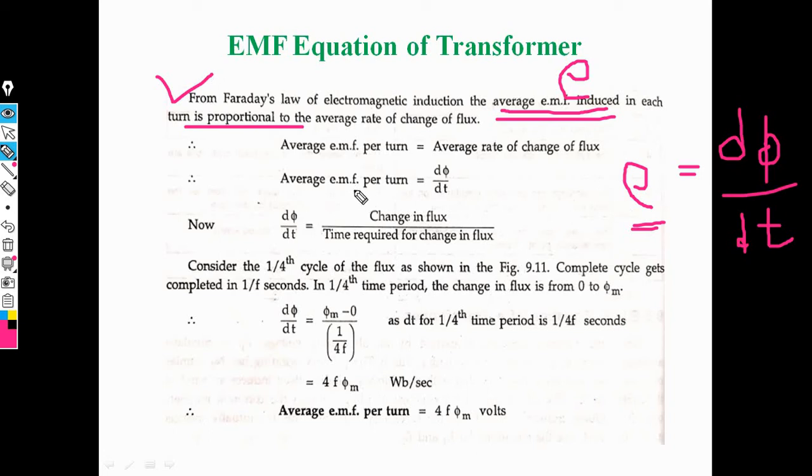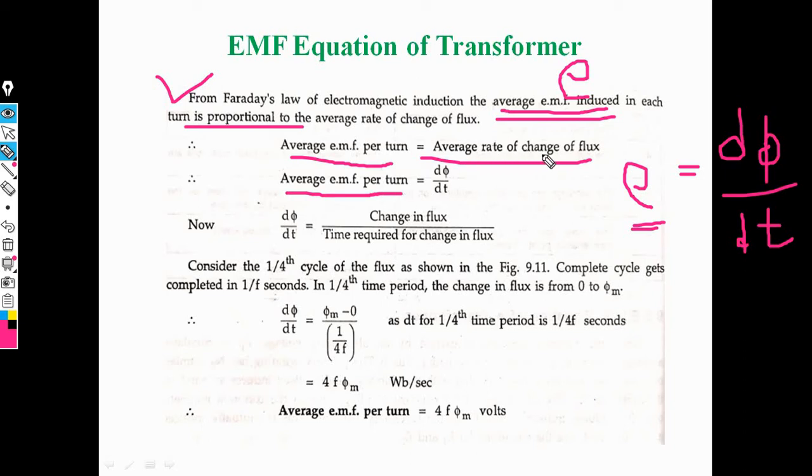That is, the average EMF per turn is equal to the average rate of change of flux, d phi by dt.